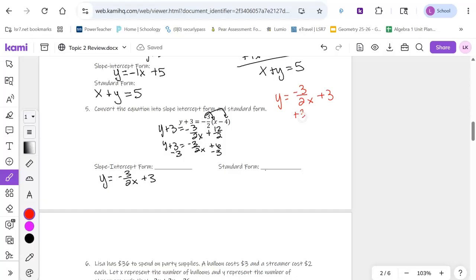So I'm going to add 3/2 x to both sides because it's a negative. So then I'm going to have 3 over 2x plus y equals 3. I cannot have a fraction to start with, so I have to multiply everything by the denominator. So then I'm going to get 3x plus 2y equals 6 as my standard form.